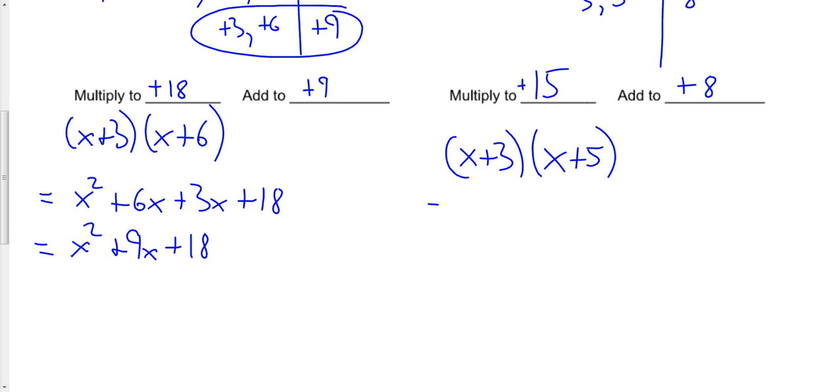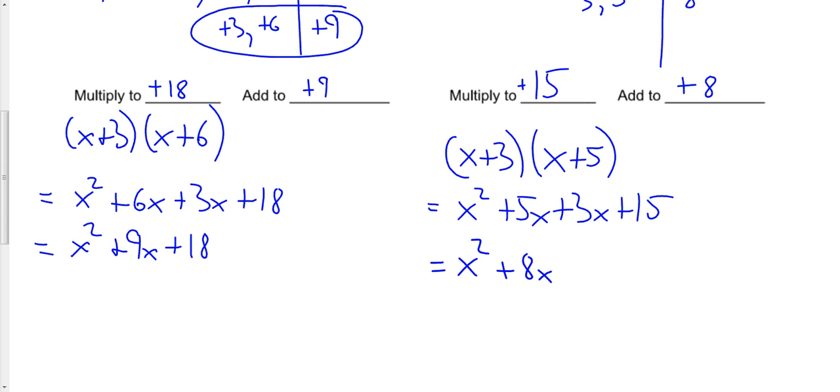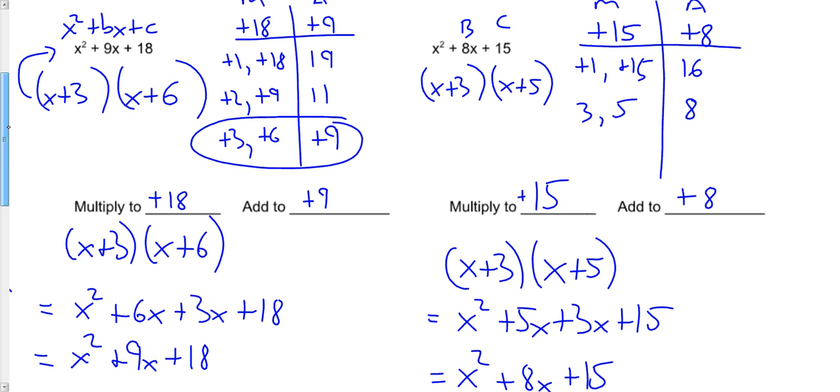If I expand this out, that gives me x squared plus 5x plus 3x plus 15. Then if I collect my like terms, it leaves me with x squared plus 8x plus 15, which is what I have as my original equation.